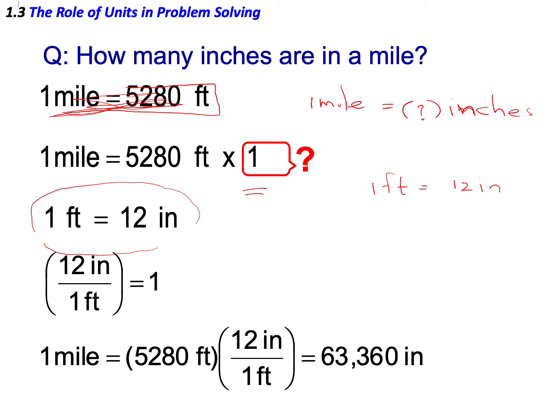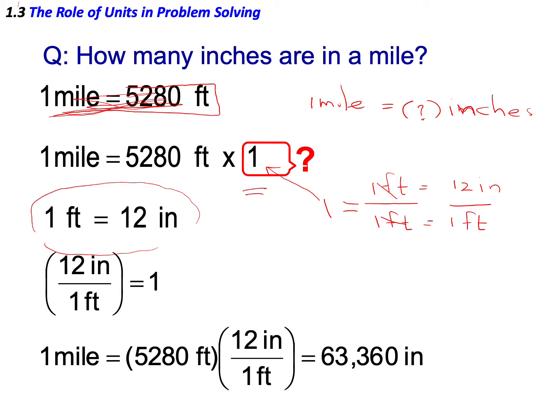So if I divide both sides by 1 foot, 1 foot divided by 1 foot cancels, you get 1. So this side is 1, the other side is 12 inches divided by 1 foot. Because this side is 1, instead of this 1, we can substitute 12 inches divided by 1 foot.